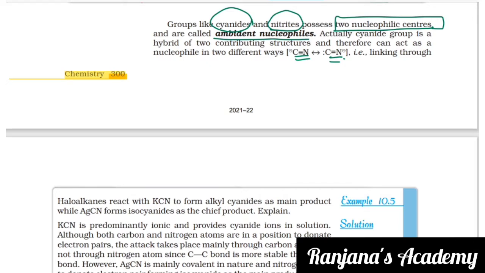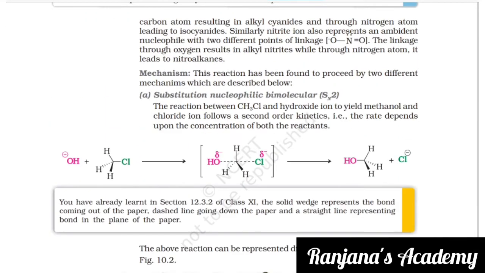That is, linking through the carbon atom results in alkyl cyanides and through the nitrogen atom leads to isocyanides. Similarly, the nitrite ion also represents an ambident nucleophile with two different points of linkage. The linkage through oxygen results in alkyl nitrites, while through the nitrogen atom it leads to nitroalkane.